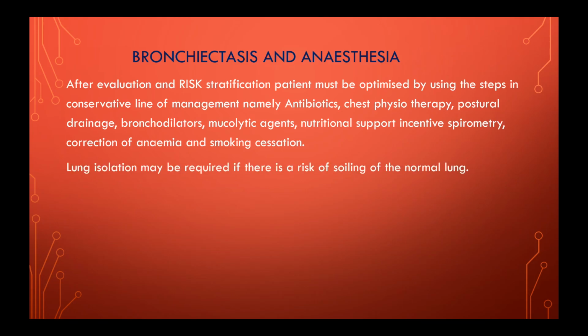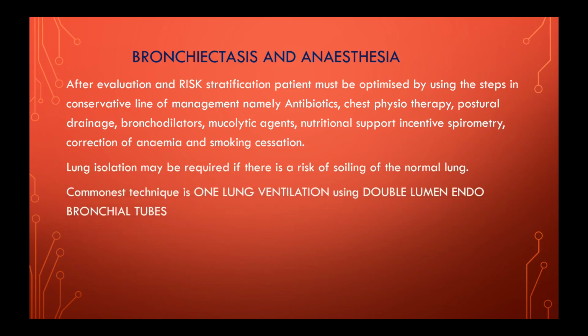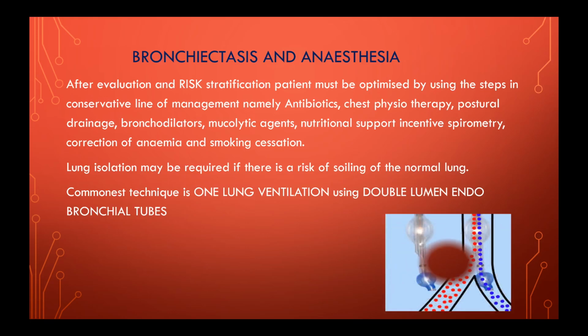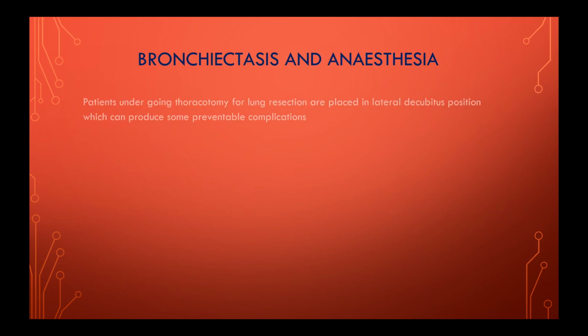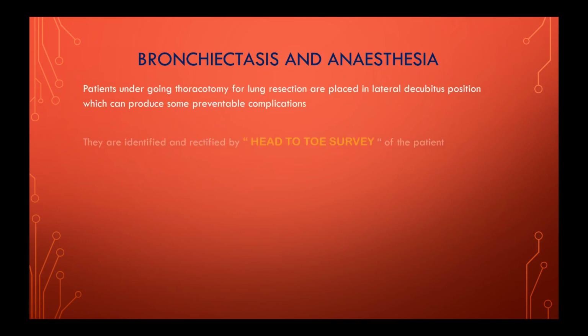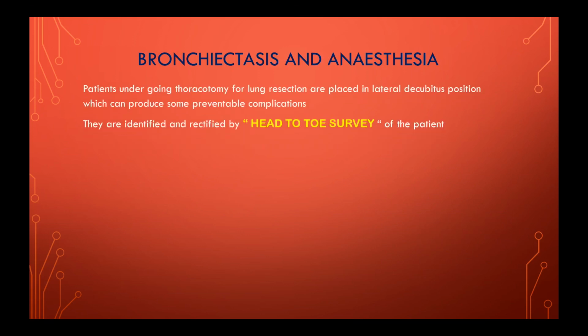This is another component of the discussion on bronchiectasis if cases are given in the exam. So usually, one lung ventilation in bronchiectasis, and all the questions on the indications for it. Usually earlier it was done through open thoracotomy for lung resection, in the lateral decubitus position.